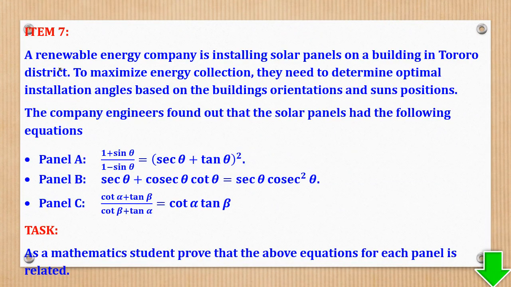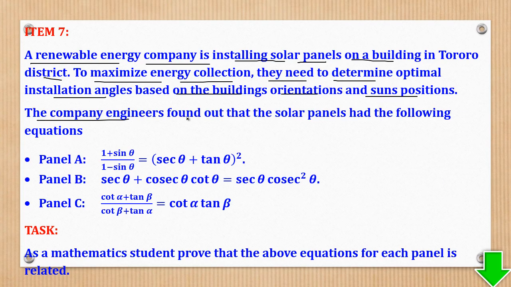Item 7 says, a renewable energy company is installing solar panels on a building in Tororo district. To maximize energy collection, they need to determine optimal installation angles based on building orientations and sun's position.